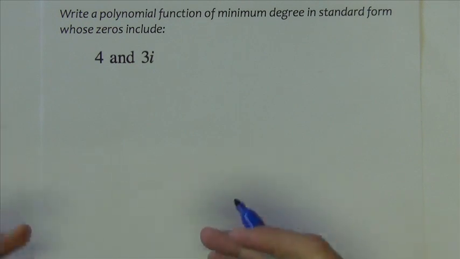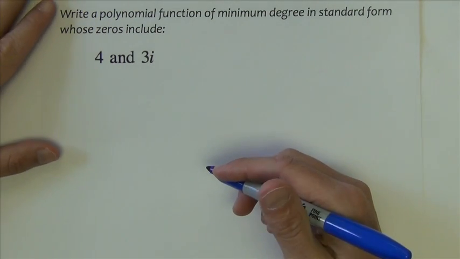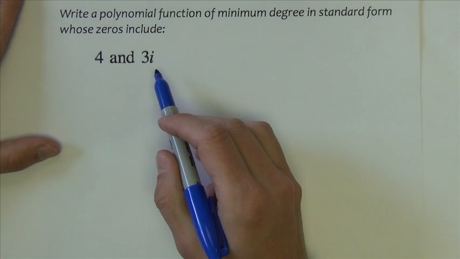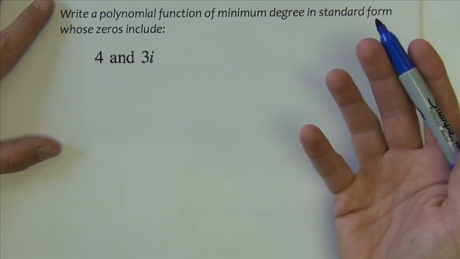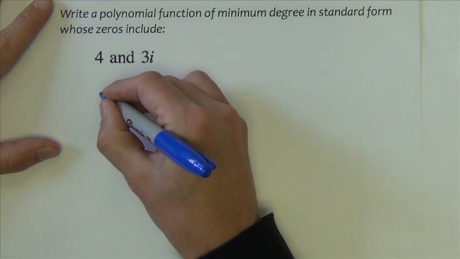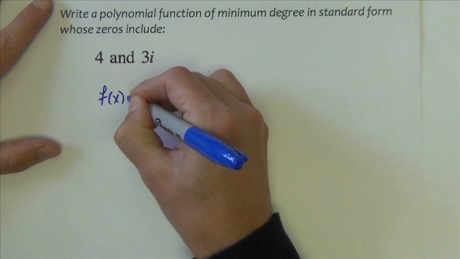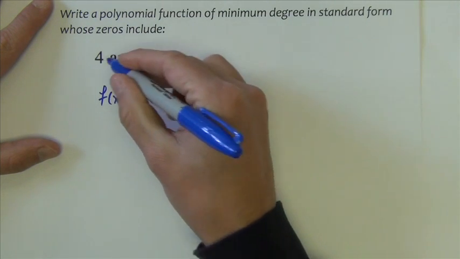We're going to begin the problems with some examples of writing polynomial functions in standard form with given zeros. And we did this at the end of section 2.3. So we're going to just kind of revisit it here. This time we're looking at some that have complex zeros. Okay, so we begin with a function. I'm going to write this function in factored form.